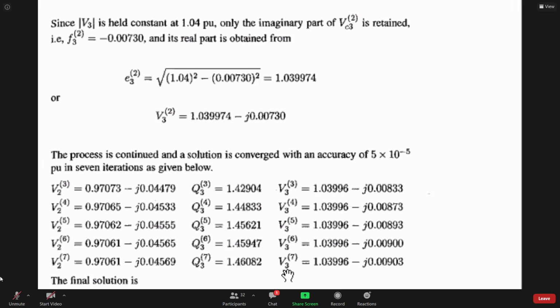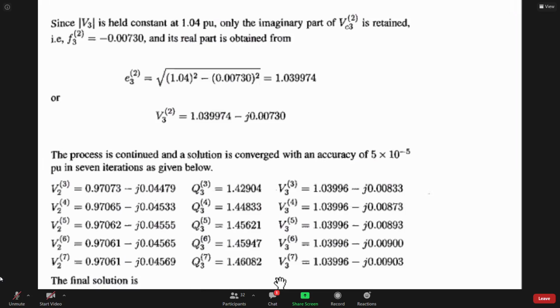Okay. V2 and V3, you have to check whether, across consecutive iterations, you can see V2 has only changed in the 3rd digit. Q you can consider the byproduct, or the outcome due to that voltage.